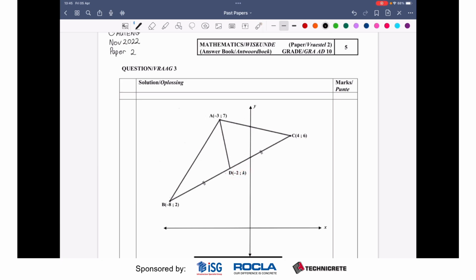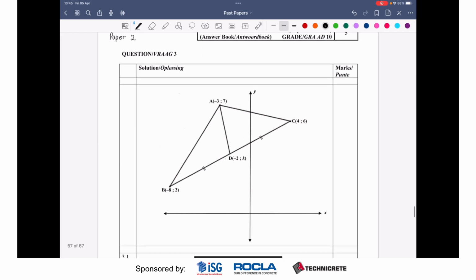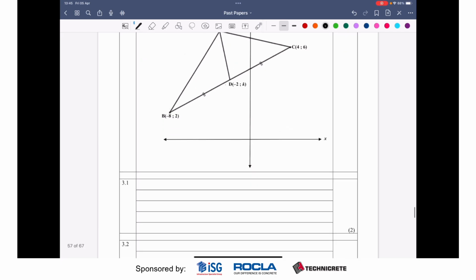So the first one, 3.1, asks us to determine the gradient of BC. So the gradient of BC, m_BC, is equal to rise over run, which is the change in the y value over the change in the x value.